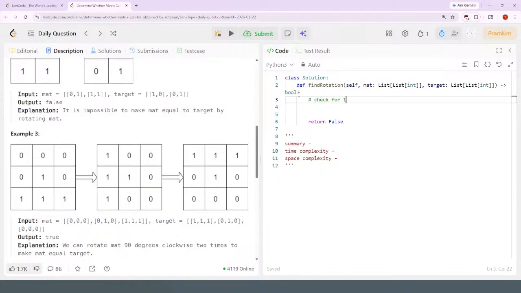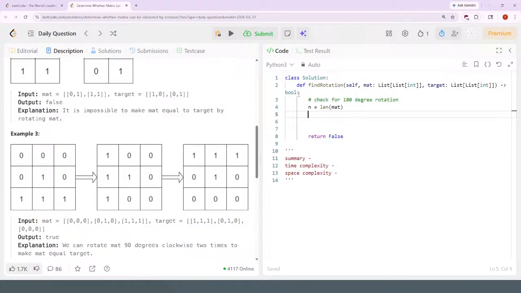So here I'm going to check, I think 180 degrees rotation is the easiest. So for every, let's say, rows and columns, actually it's just a square matrix, so n is equal to the length of the matrix, which gives me the number of rows.